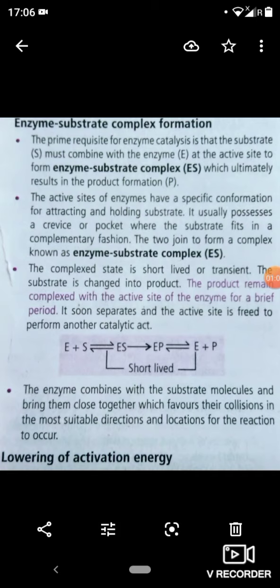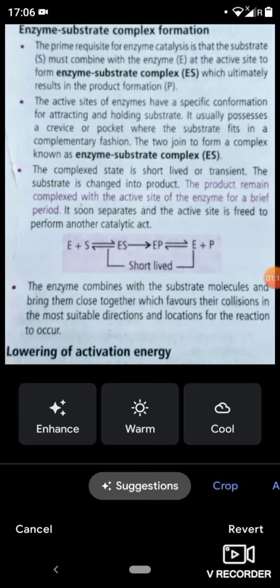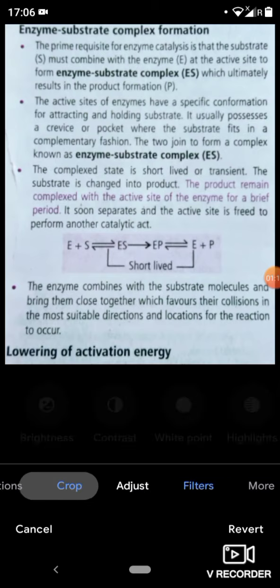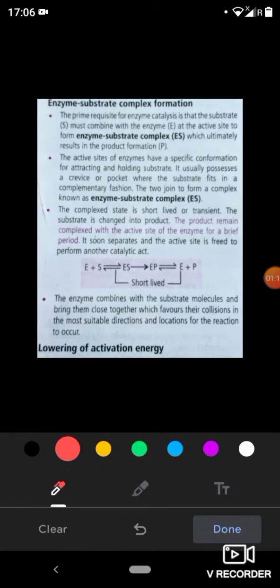So the first step is the formation of the enzyme substrate complex, right? The enzyme binds with the substrate at a particular site, that is the active site, and forms the enzyme substrate complex, which ultimately results in the production of product.